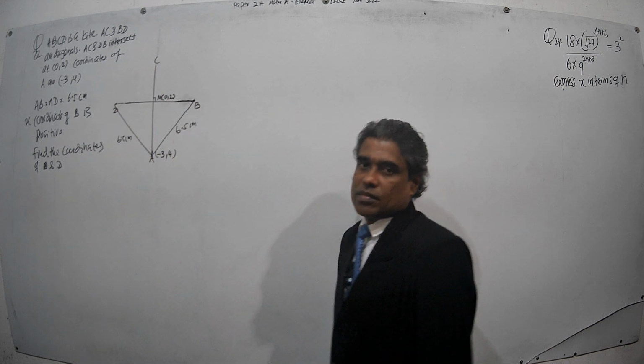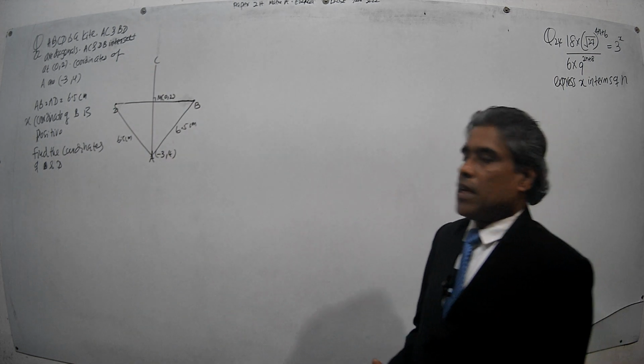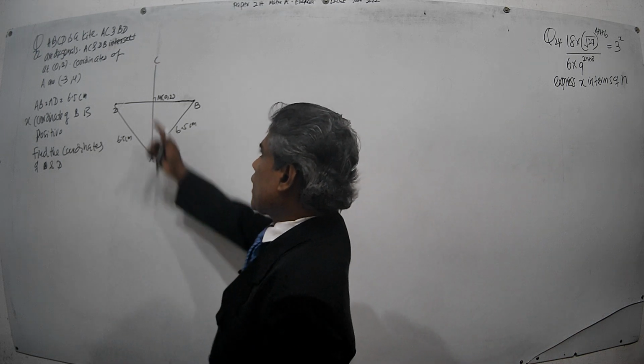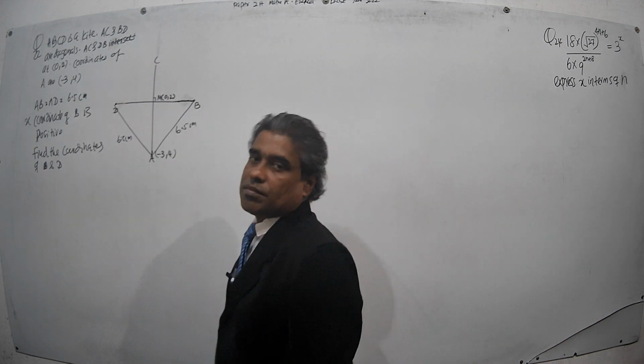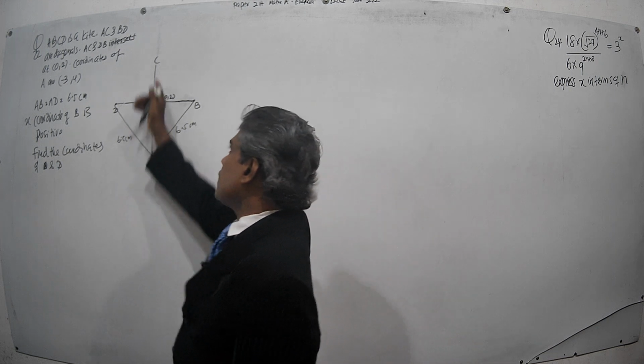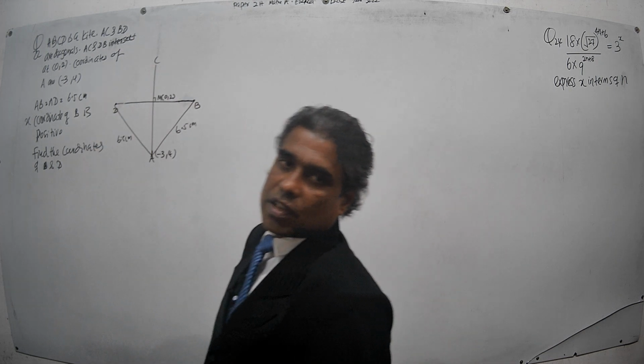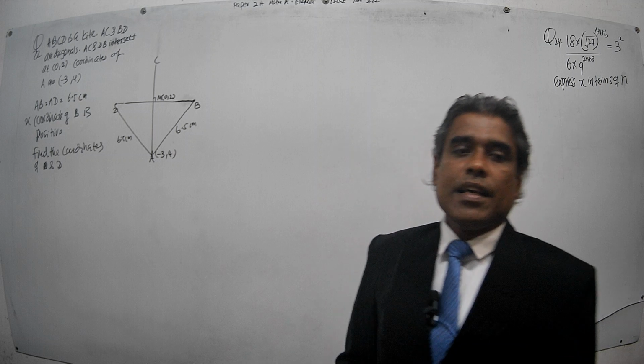The kite is made up of two isosceles triangles, one is CDB, the other one is DAB. These two sides are equal and these two sides are equal.